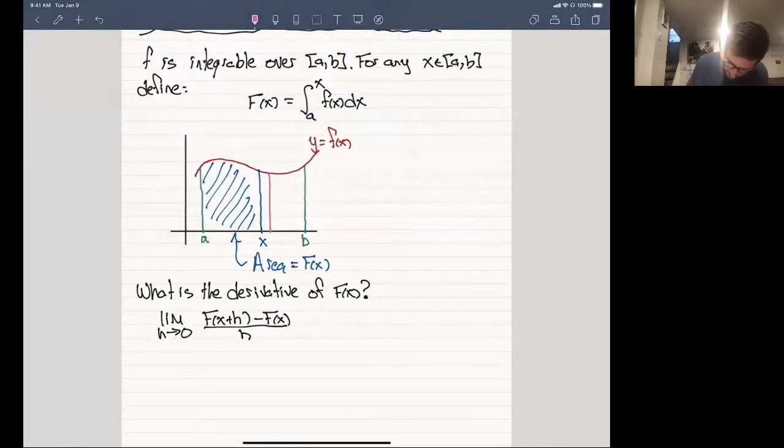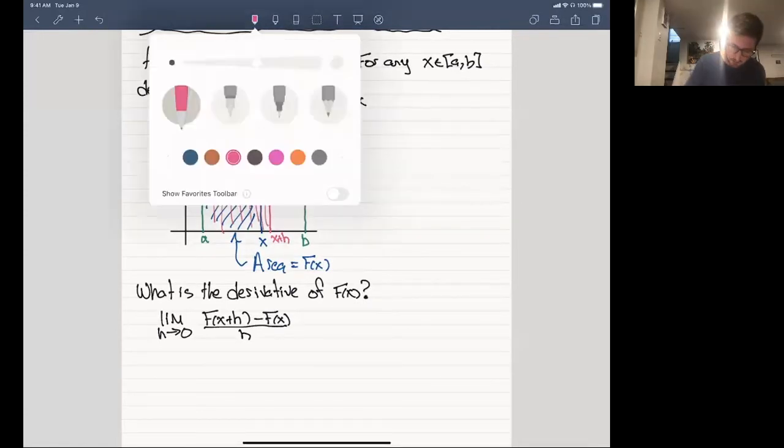If I go up to x plus h, capital F of x plus h would be all of the area in the blue plus all of the area up to that pink line.